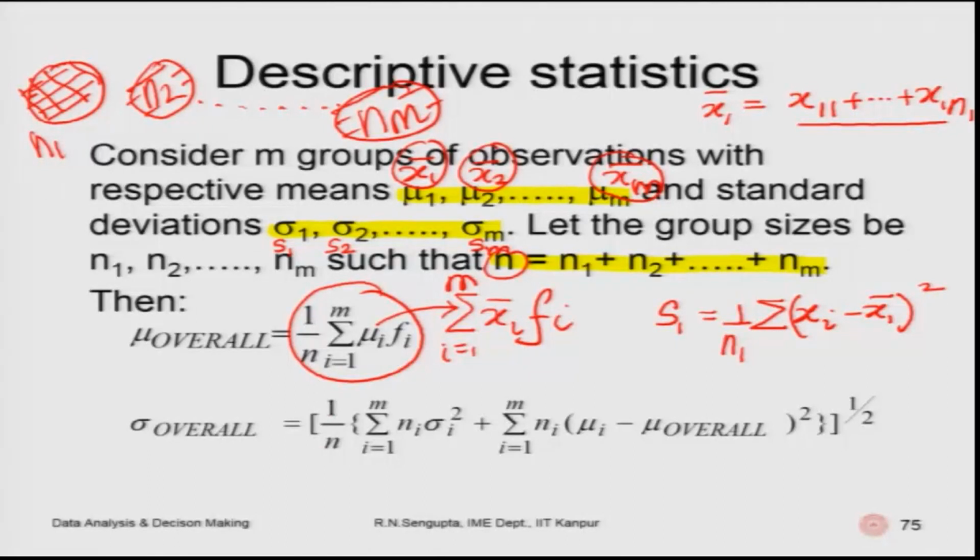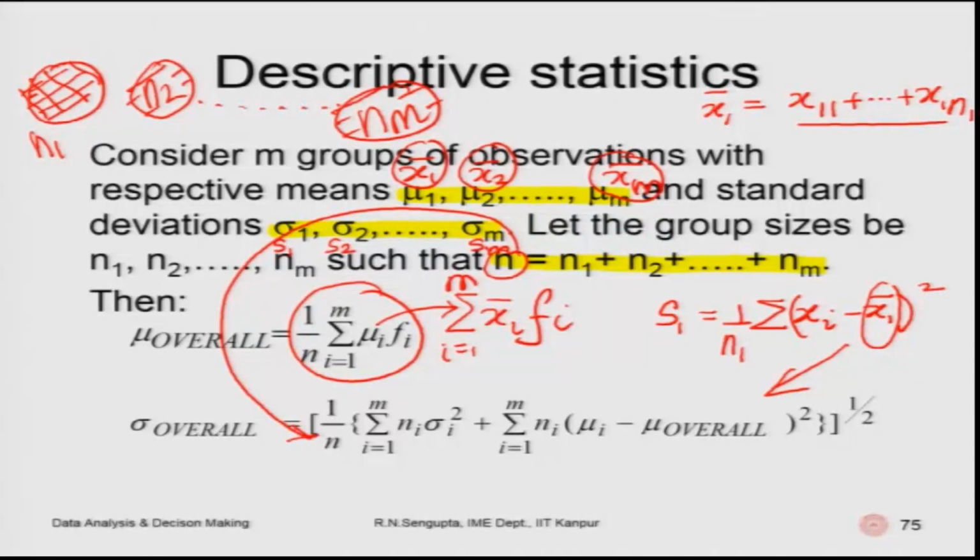So, remember that, multiplied by, in the bracket, n1, n2, n3 till nm multiplied by sigma i square for the corresponding groups, plus the difference between the average values. If you remember, this one is being replaced by ni into mu i minus mu overall, in the bracket.